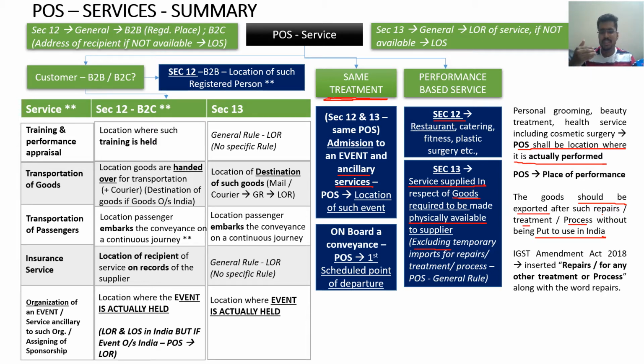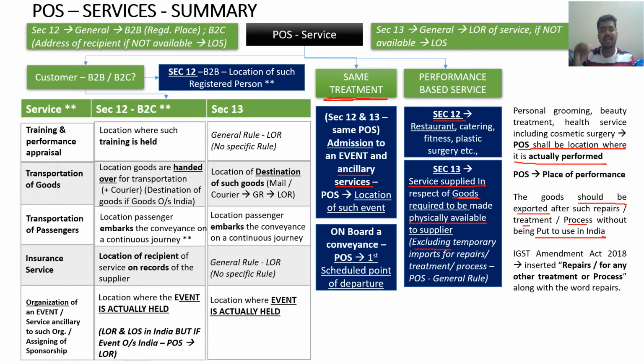So this temporary imports where there is no intention to use it in India, after the repairs or whatever process is done, you are going to send that back outside India without being put to any use in India. So in these cases, the law says no worries. If you are only doing a temporary import and as soon as the service is done, you are going to send it back outside India, we will say performance based service will not apply for you.